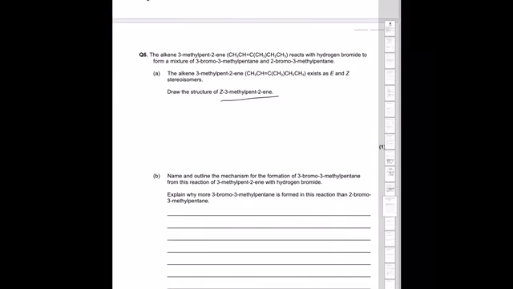So question 6, draw the structure of Z-3-methylpent-2-ene.